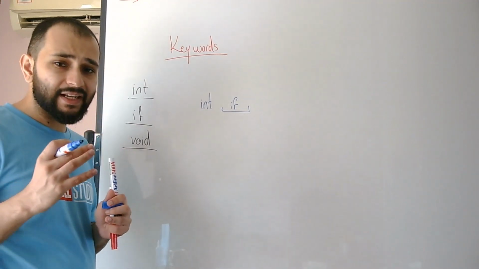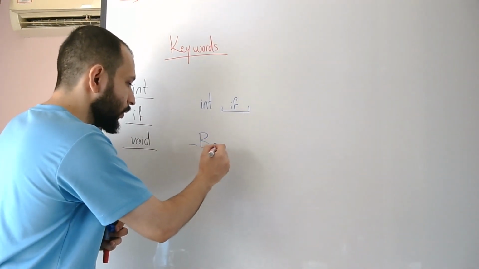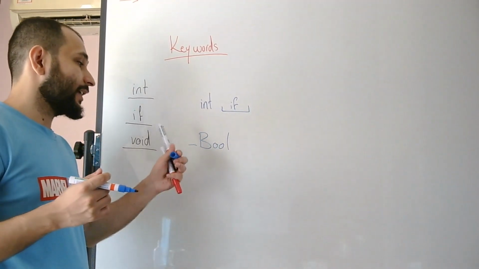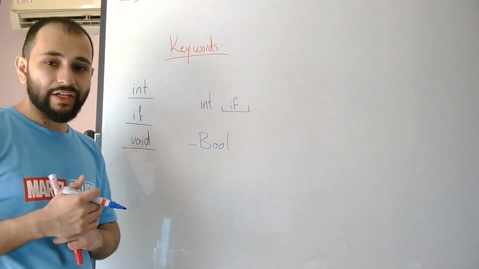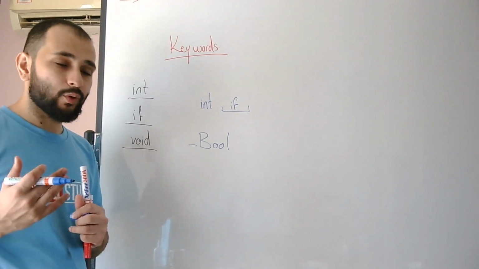For example, in C99 we have the new Boolean type, bool. It is a keyword that was included after the C99 version of the C programming language.